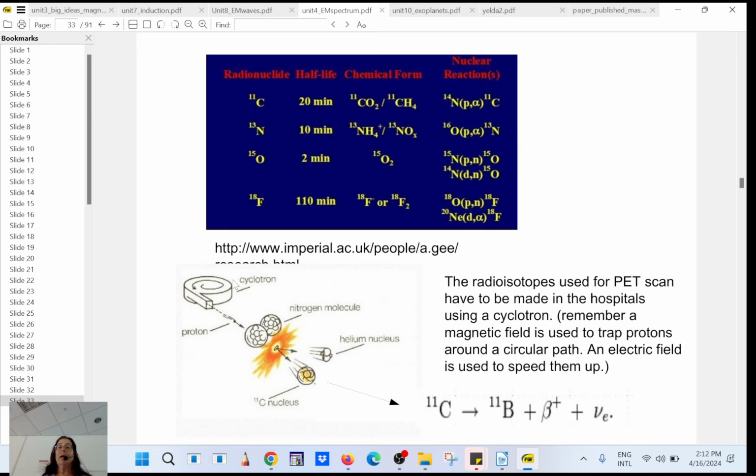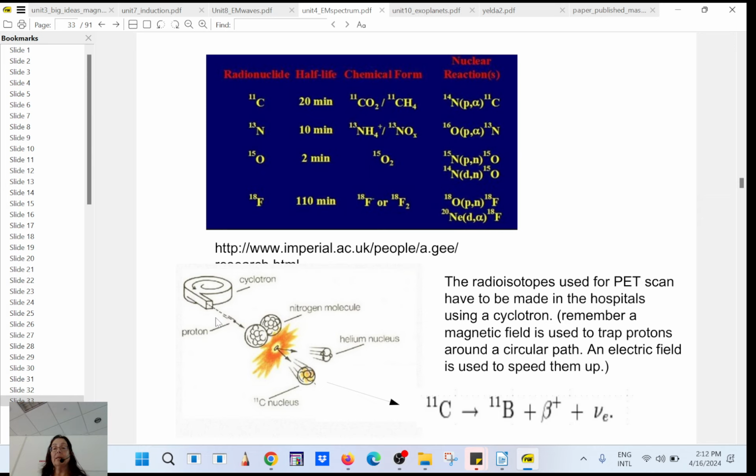So anyway, how do you make that? You use a cyclotron. Remember that? A magnetic field will bend a proton or a charged particle, and an electric field will accelerate it. So with a cyclotron, you can take a proton, accelerate, bend, accelerate, bend, accelerate, bend.